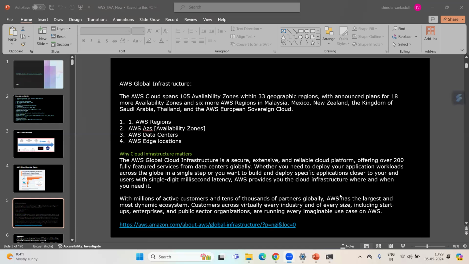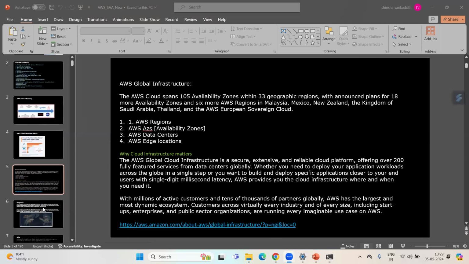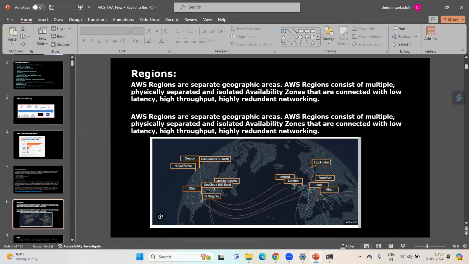So we will jump into this URL and see how these are divided. But we will talk about each one of these, the regions, availability zones, and data centers here. So what is a region? A region is nothing but just a logical name. You can think of it as, let's say, the India region or the US region.